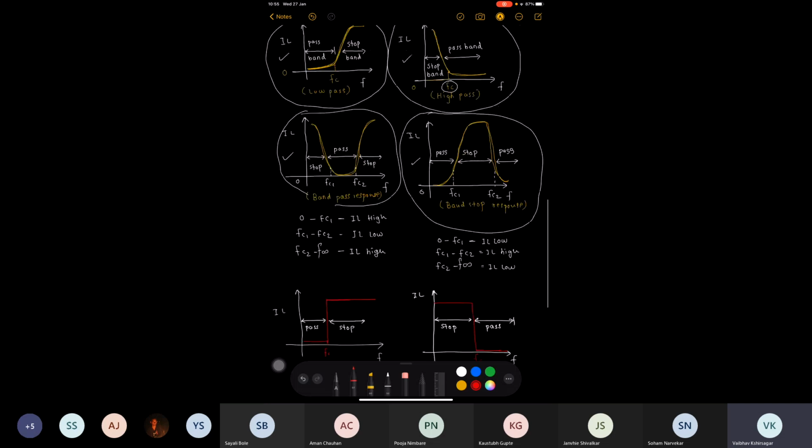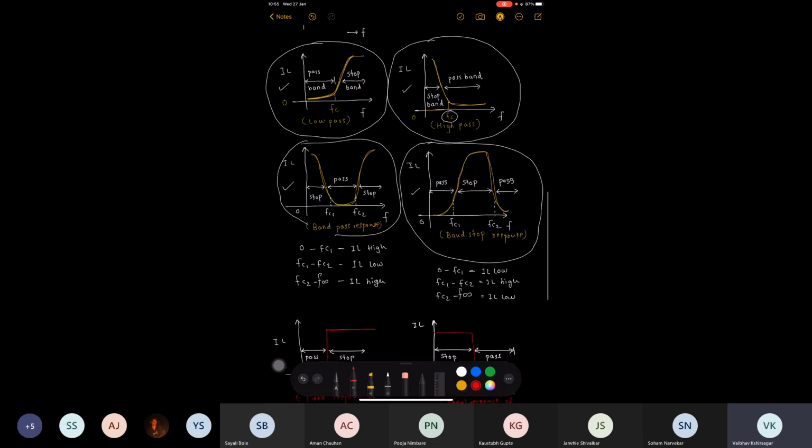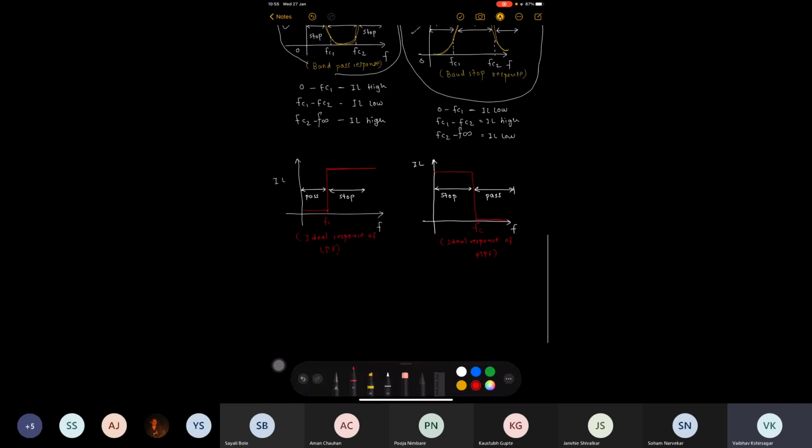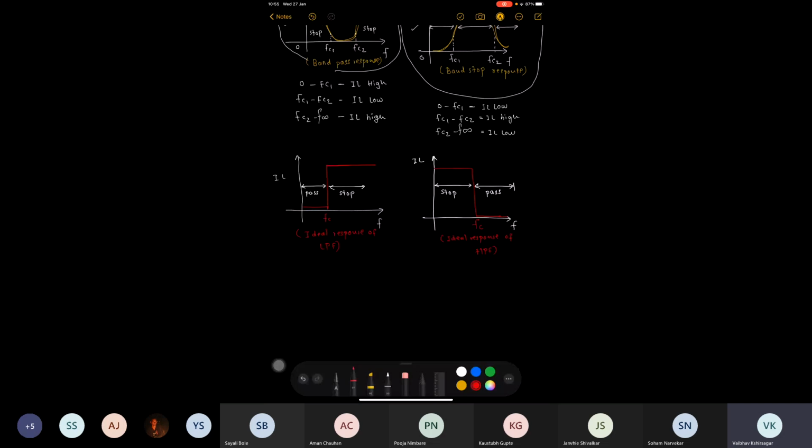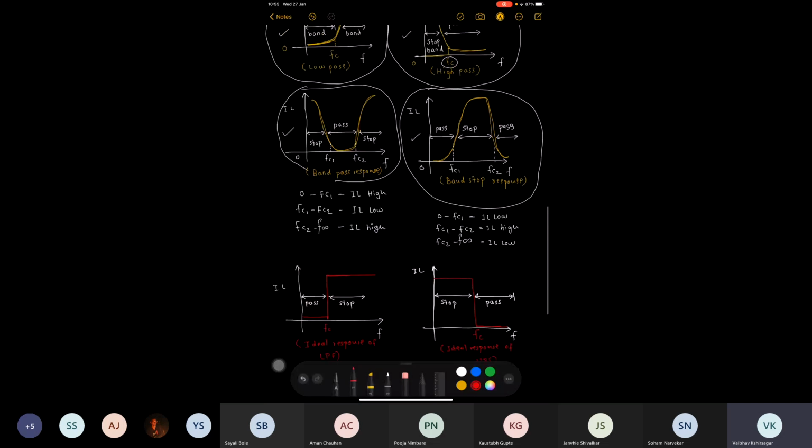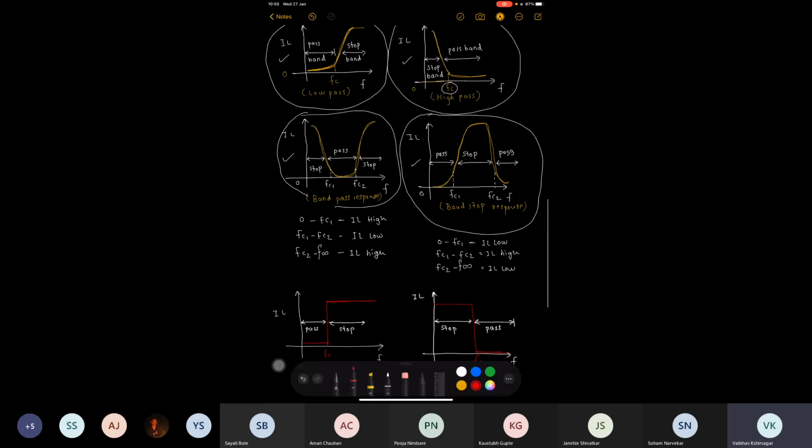When we compare the actual response with the ideal response, we observe that the transition from the pass band to the stop band in the practical case is not as sharp as it is expected to be.